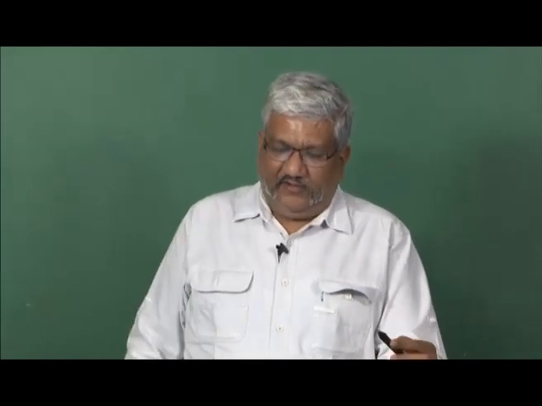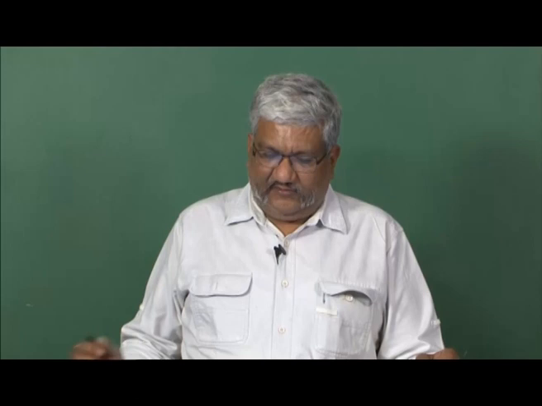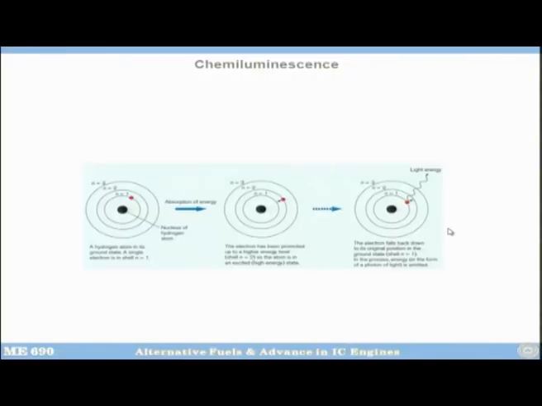And I think when we were discussing the optical methods, we also discussed this in very detail, that suppose there is an electron in some molecule, and you provided some kind of energy. Once you provided some kind of energy, what will happen?